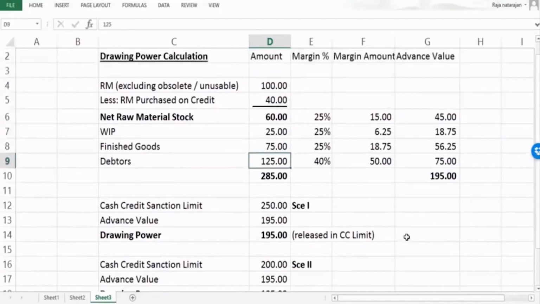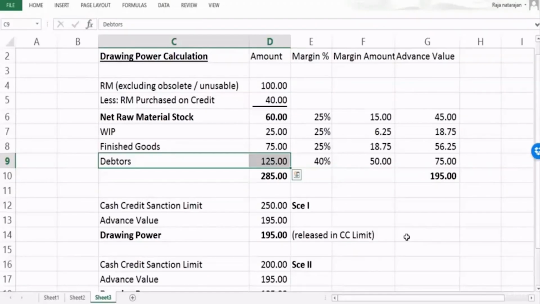And again, with regard to debtors, you cannot include all the debtors in your stock statement, because at the time of sanctioning the cash credit itself, the bank would have stipulated a condition that only debtors fitting in the working capital cycle are counted. In the earlier sessions we said the company may have the practice of giving 1 month credit or 2 month credit, and that should have been accepted by the bankers, and only those debtors should be included in the statement.